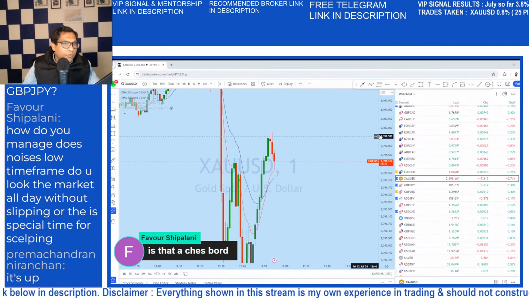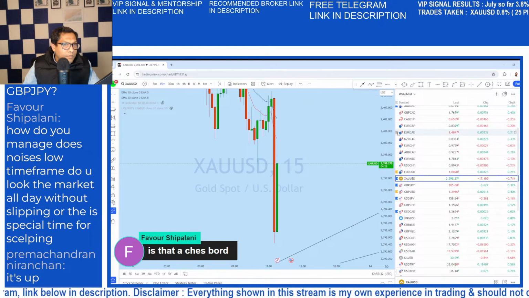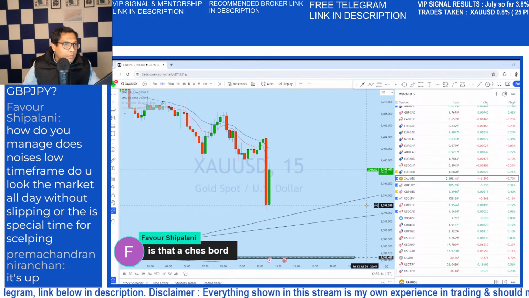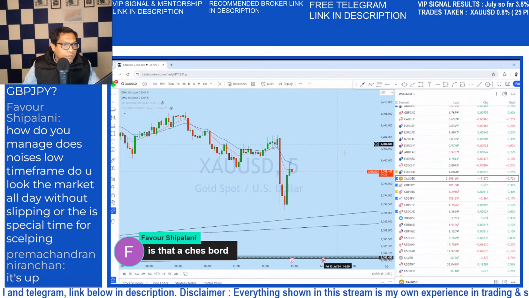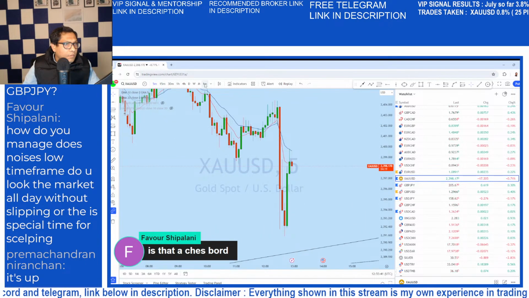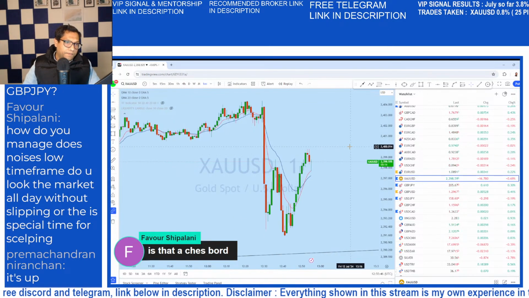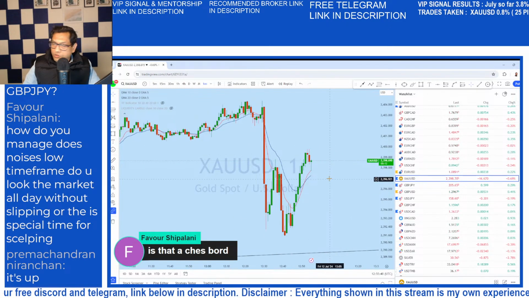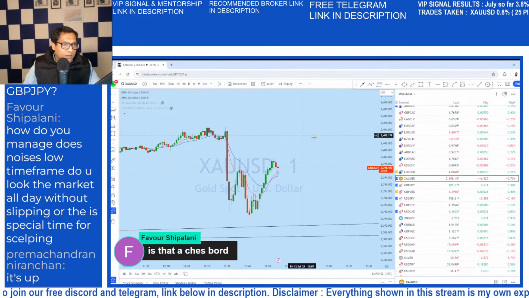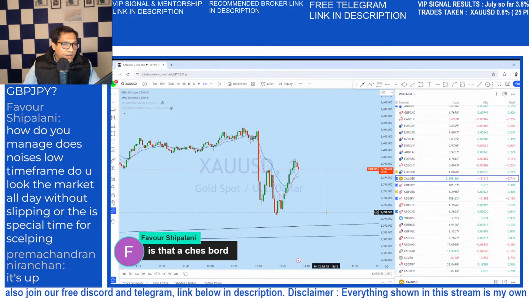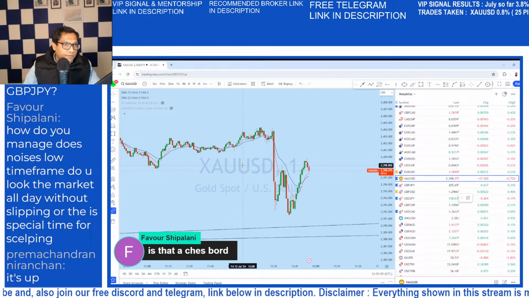All right. So, see the 1 minute. This is, I would say, pretty weird price action here. It may be further rejection because it has broken this resistance line.